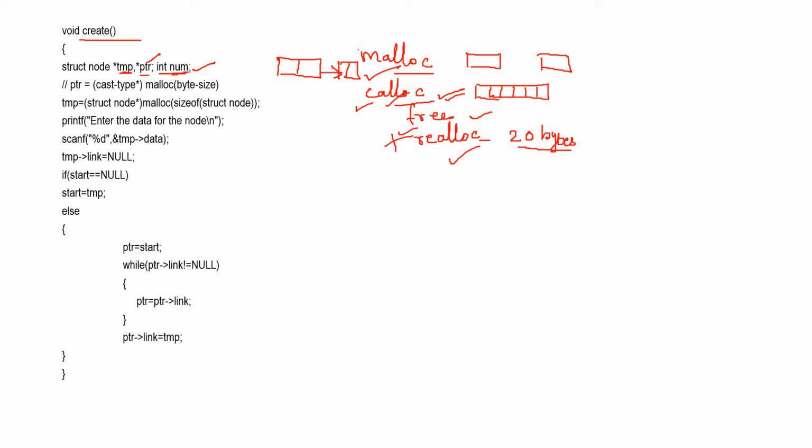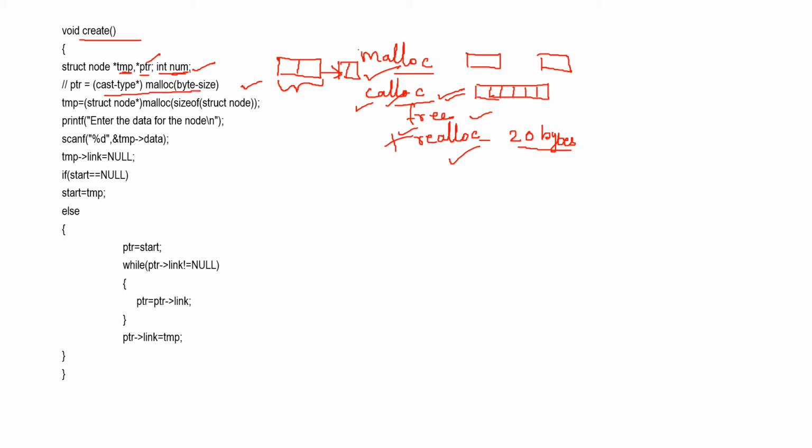This process will be repeated if needed. That's why it's very important to create a node first, and we have to allocate the memory for that node alone. That's why here we are going to make use of malloc.